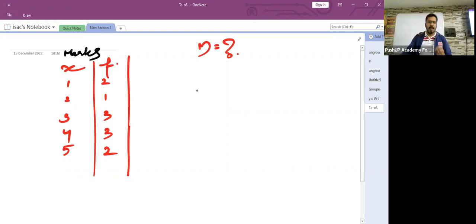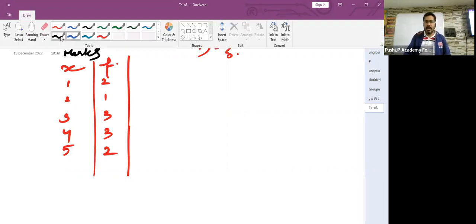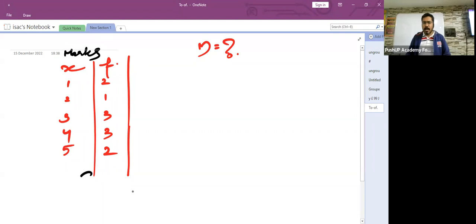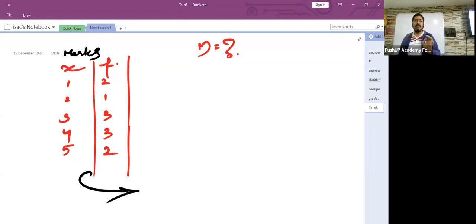Now, children, I had already taught you that ungrouped tabulated data is just a way of representing raw data in a tabulated form, so that the reader finds it very convenient to understand the data mentioned inside the table.